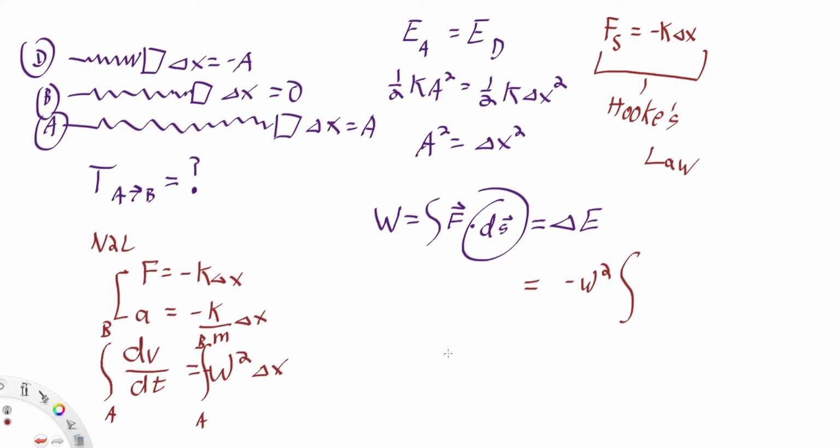And for simplicity, let's say, yeah, this is fine. We can integrate from the point where it is. So at point A, it's got a stretch of A. At point B, it's got a stretch of 0.